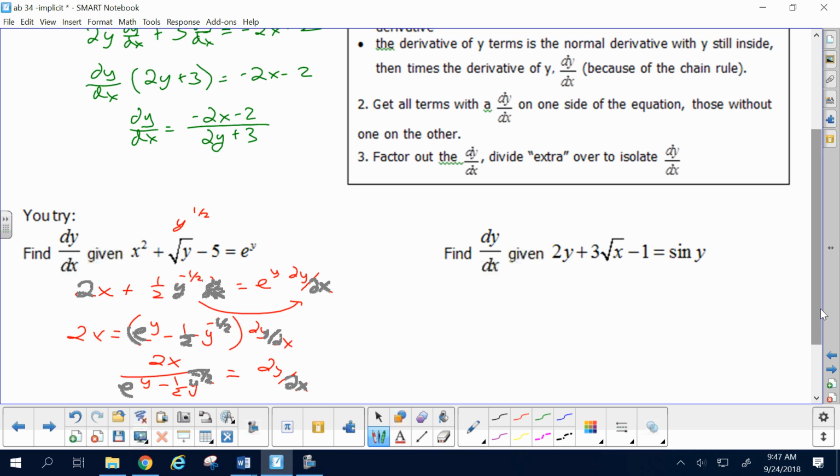Check your answer to the first one. Did you get something like 2x over e to the y minus 1/2 y to the negative 1/2? Yes? No? Maybe? Okay. If not, call me over and we'll go over it. Otherwise, go over the next one if you were successful.